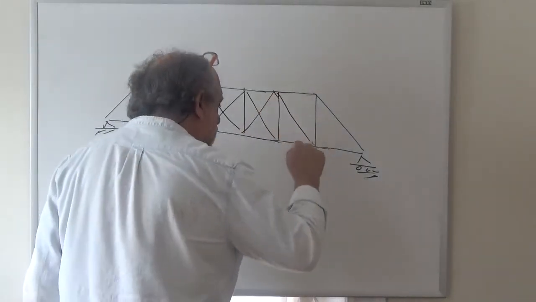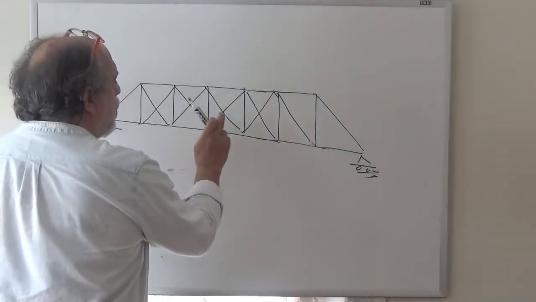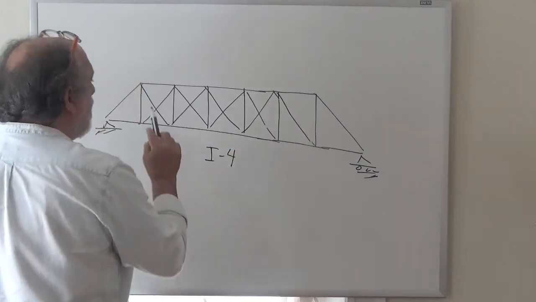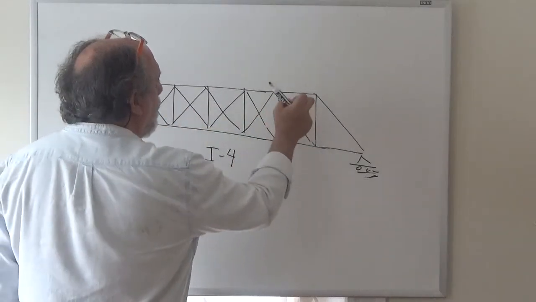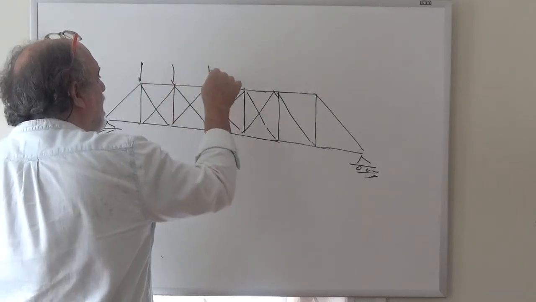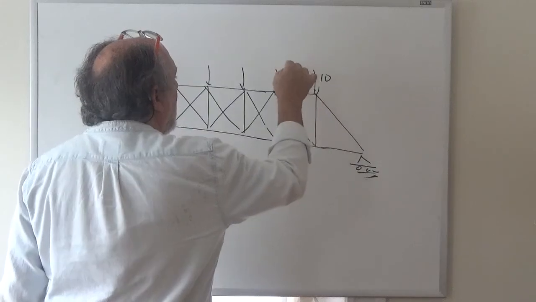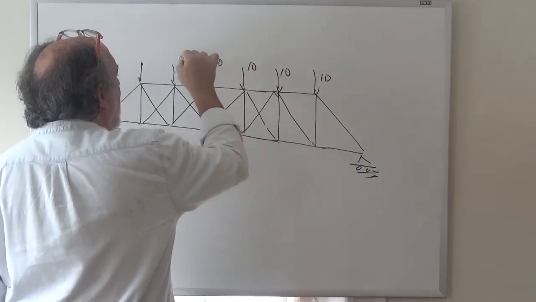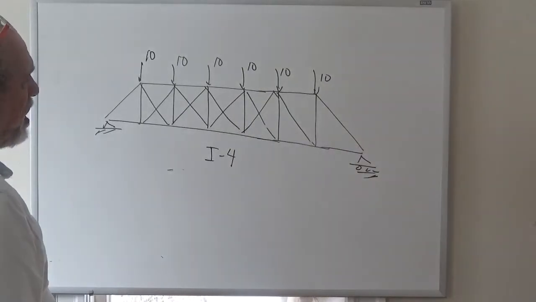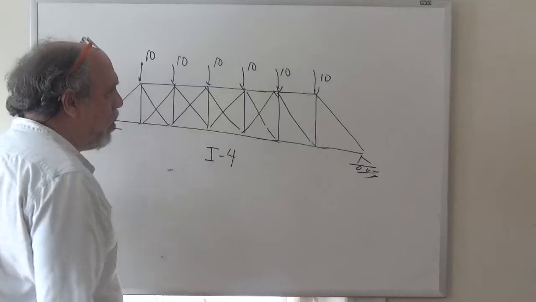Also, to emphasize my point from before, even though that is indeterminate to the fourth degree, if we put that loading on it, we cannot calculate the bar forces from purely statics because there's not enough equations.